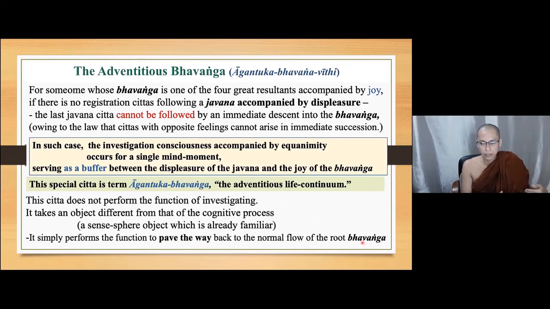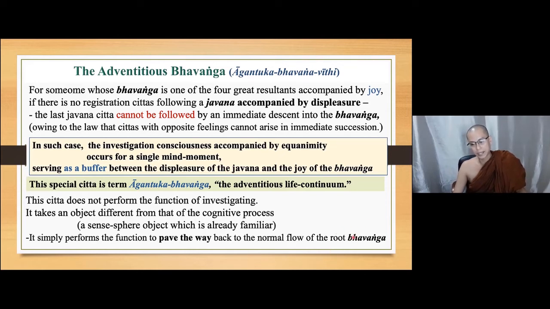But in this case, the cognitive process has come to an end, but the bhavanga cannot come directly. That's why, according to the nature of consciousness, the investigating consciousness accompanied by equanimity arises as a buffer to pave the way back to the normal bhavanga. After that, the normal bhavanga arises again, which is called the root bhavanga.